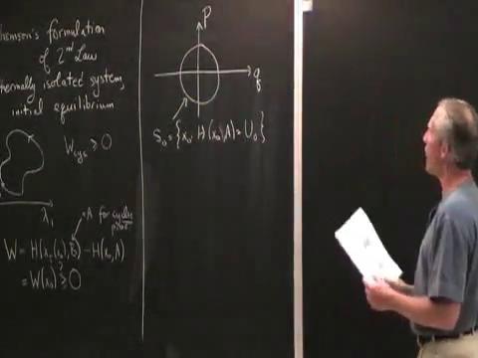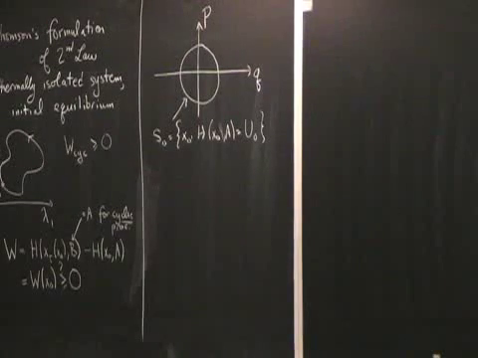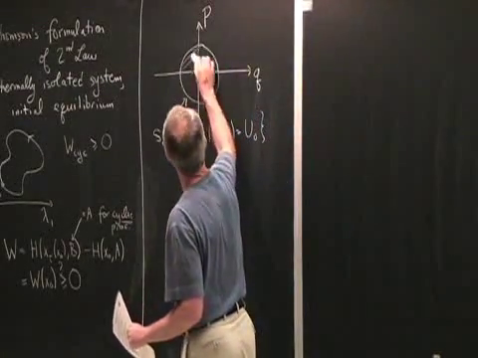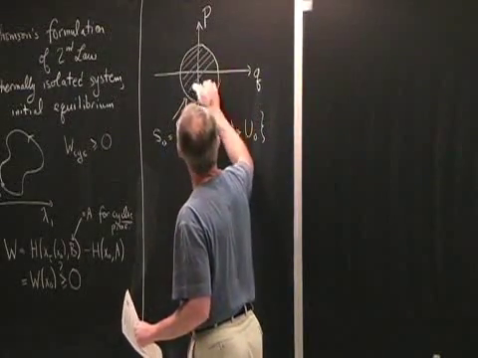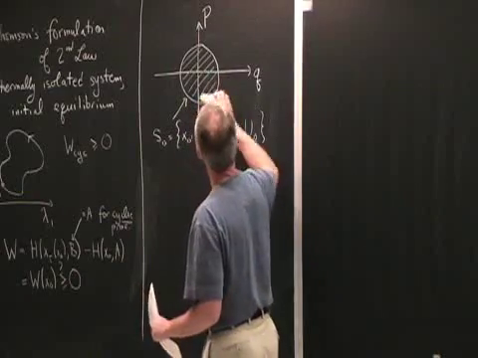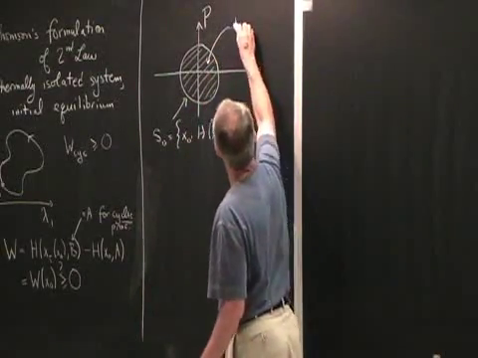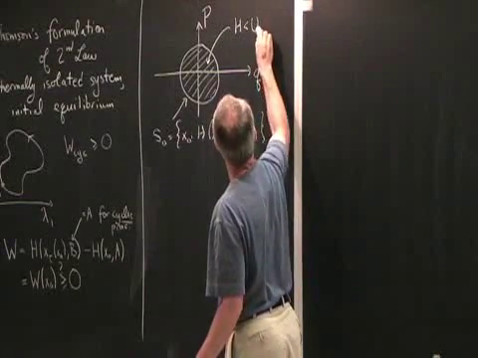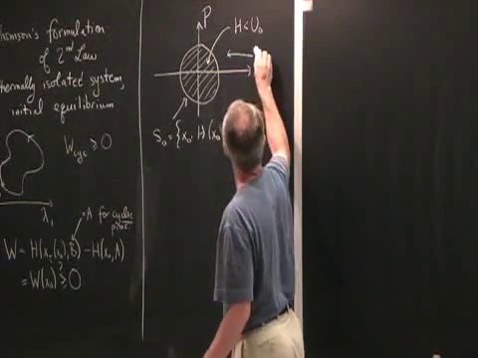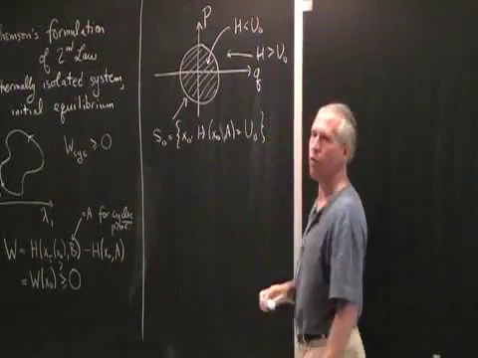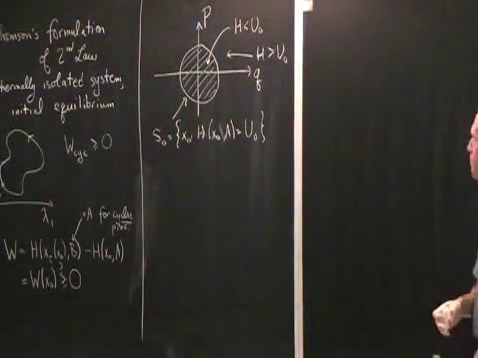So I'm looking at all initial conditions in phase space that have the same energy u0. And for the sake of keeping this argument simple, let me assume that all points inside this circle correspond to H less than u0, and all points outside this circle correspond to H greater than u0. Okay?